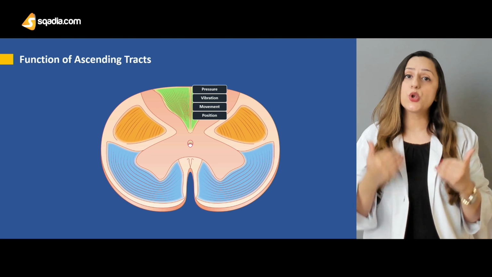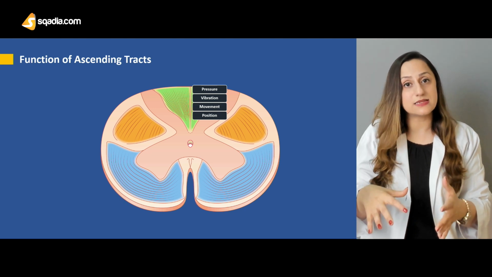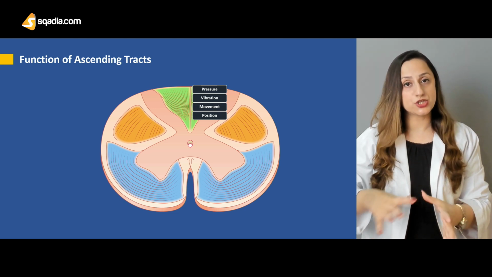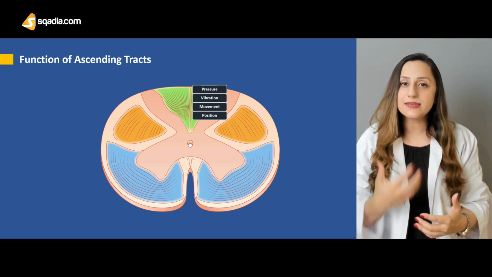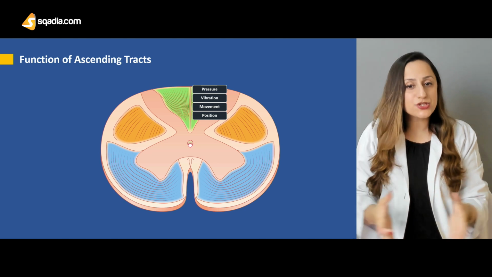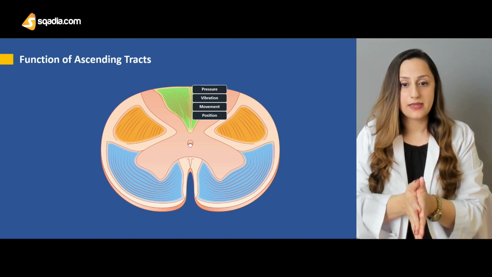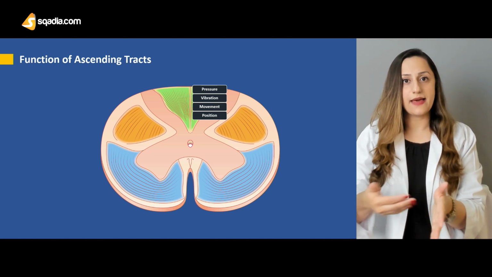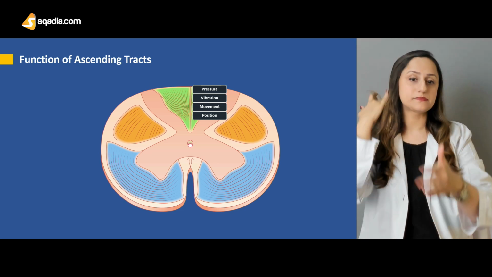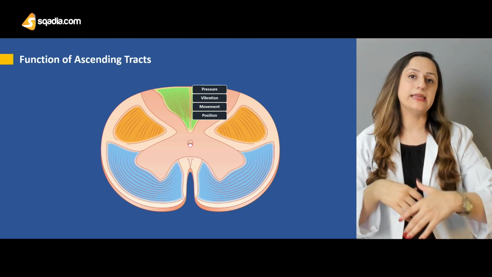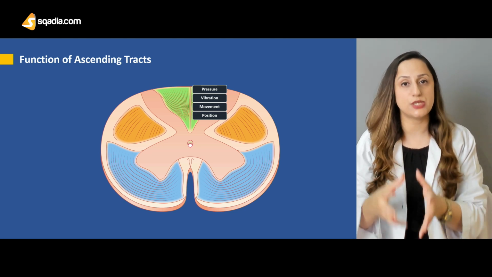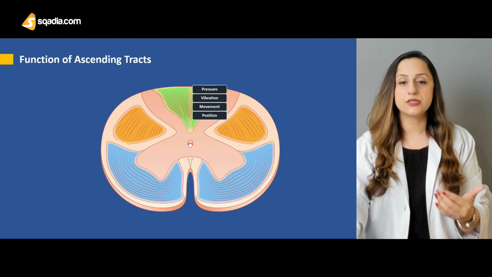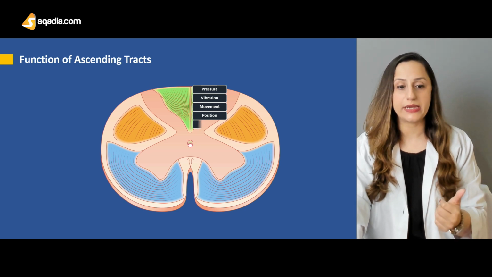So even when you close your eyes, you can sense the particular position of your limb. How do you sense that? That is sensed through these particular tracts in your dorsal columns. And we now know that the dorsal columns have the fasciculus gracilis and the fasciculus cuneatus. So this is what you have to remember for right now.